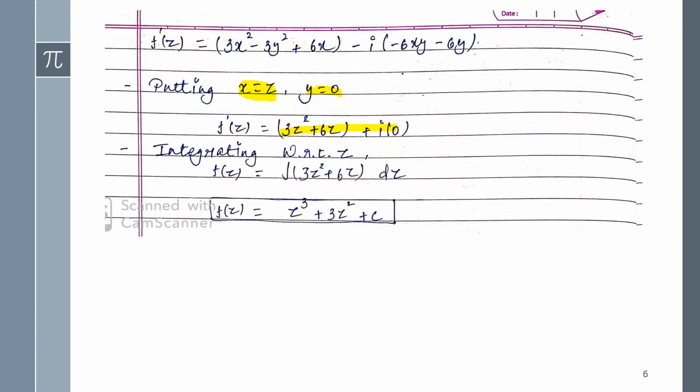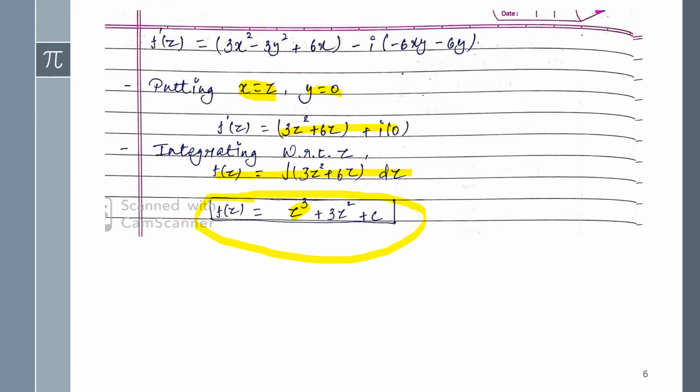So I am applying the integration on both these sides. So you may get this one term, and the integration of z square is z cube by 3. So 3 will be removed, so it will be z cube. Then the integration of z is z square by 2, and 2 3s are 6, so that will be 3z square plus c. So this one will be your final answer. And hope you all are getting it very well, guys.